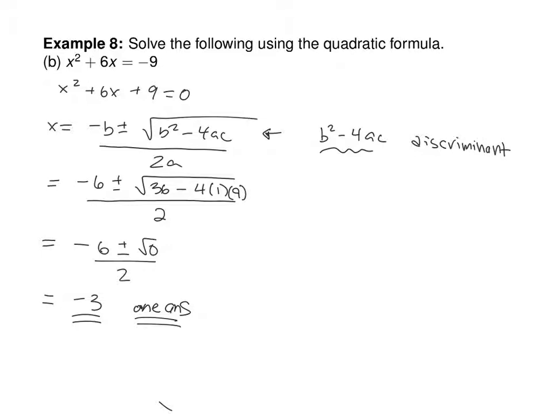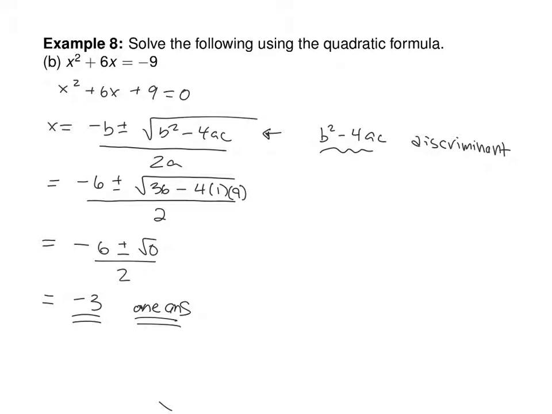And it's because that part alone discriminates between what different kinds of solutions you could have. So if that discriminant is 0, you have one answer. If that discriminant is positive, you're going to have 2 answers and they're real. What if it's negative? You're going to have imaginary, and you're going to have 2 of them.